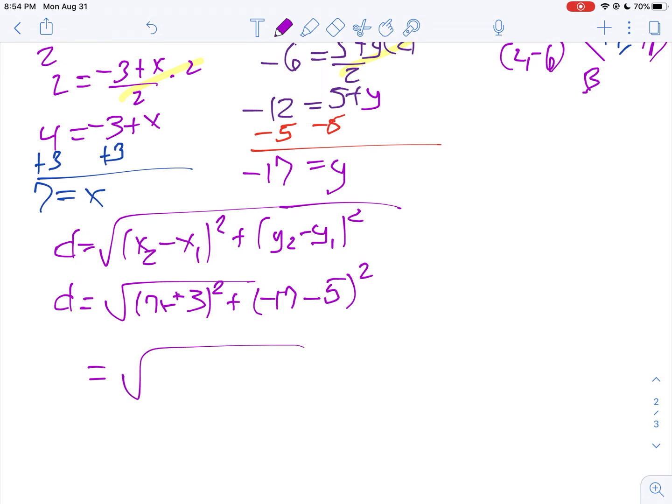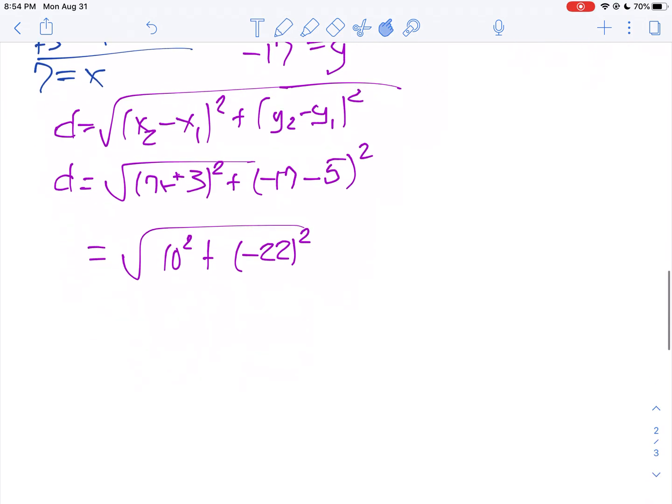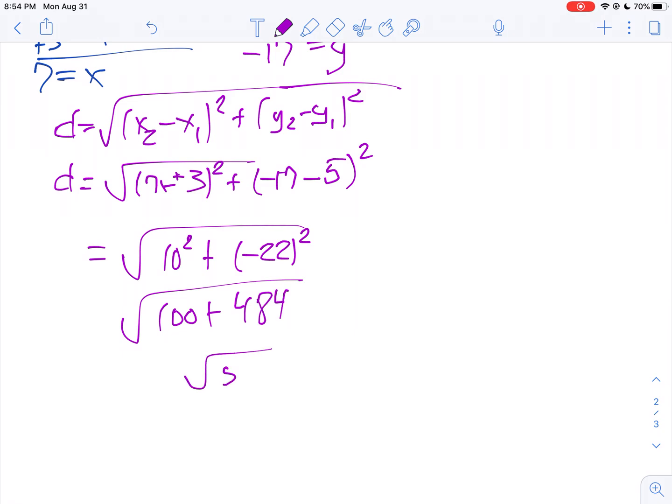So 7 plus 3 is 10. Negative 17 minus 5 is negative 22. We're going to square that. Well, 10 squared is 100. 22 squared is 484. So we get the square root of 584.